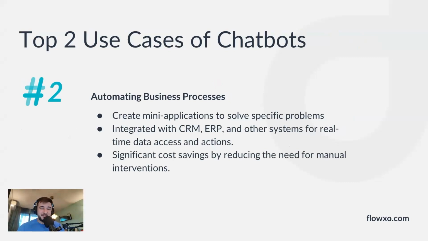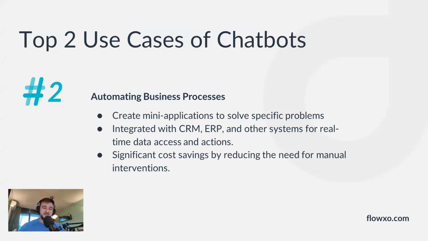With that said, there are really 2 top use cases that we saw based on our own data. So the first one is automating business processes. This is where you would create your mini applications to solve specific problems. For example, one of our clients, they have a system, and inside their business, they're just using Google Sheets and they have their own system.